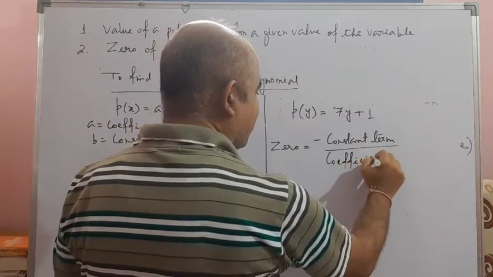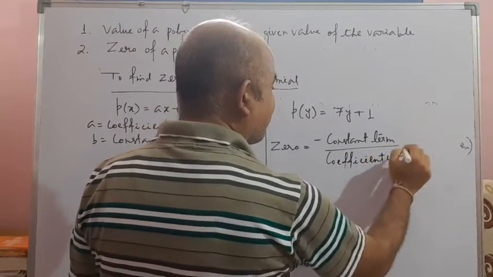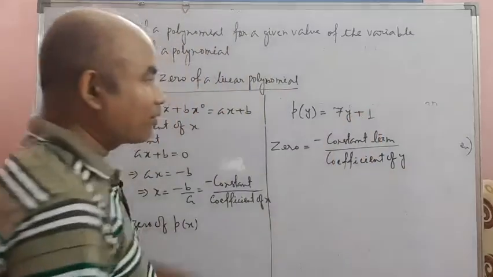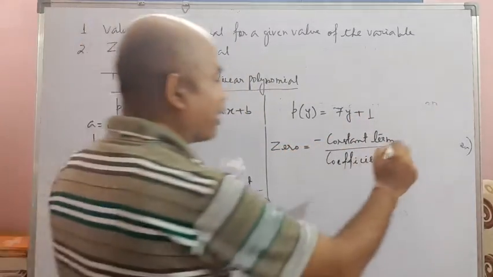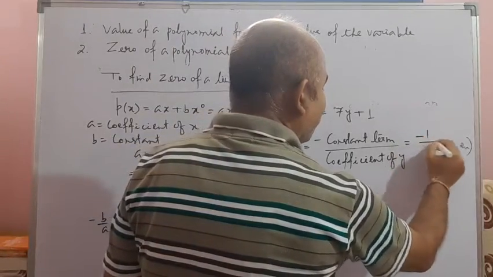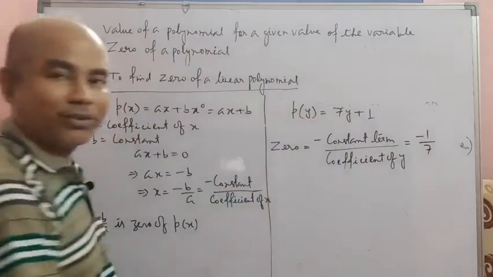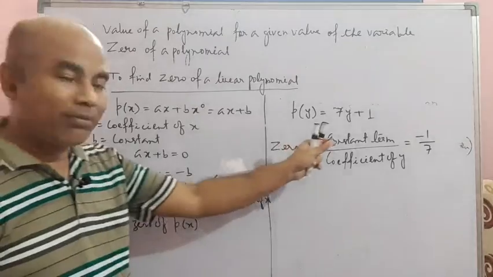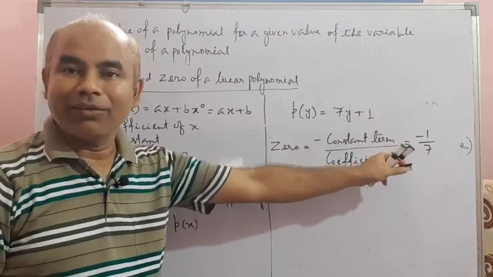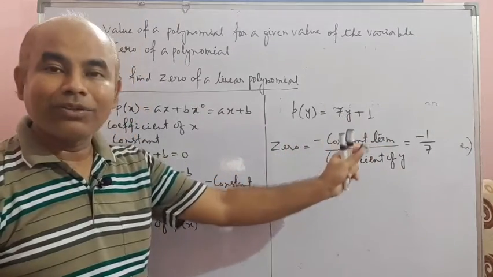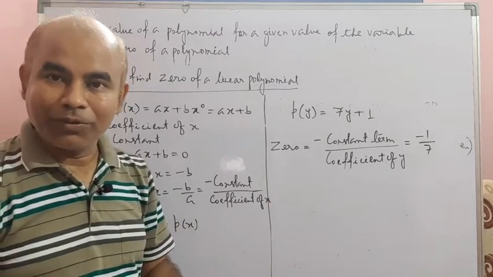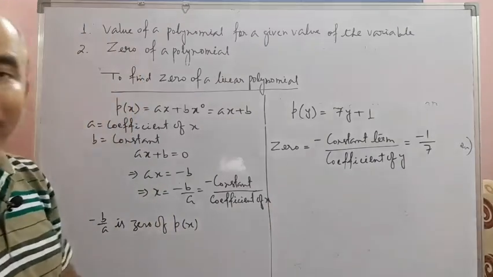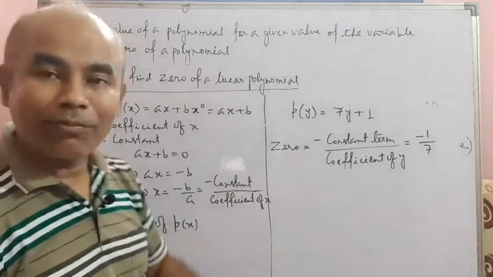Here the constant is plus 1, but you have to take minus constant, so minus 1, and the coefficient of y is 7. So this will be the 0. So directly, if you remember it, you can find it out, or you can take it equal to 0 and solve it, then also you can find out the 0. Okay, so it is the method to find the 0 of a linear polynomial.